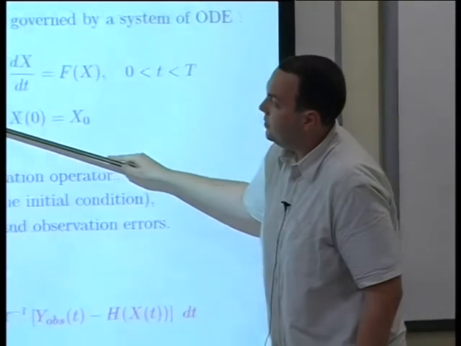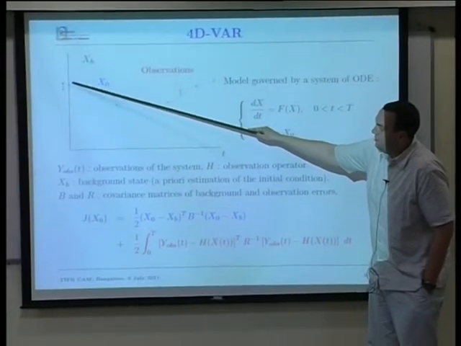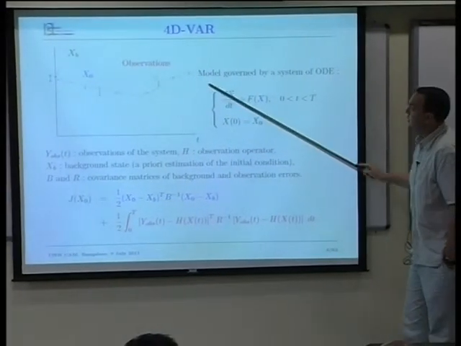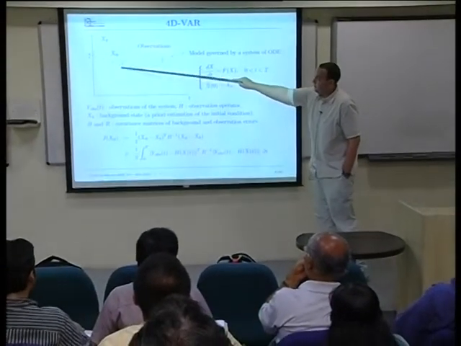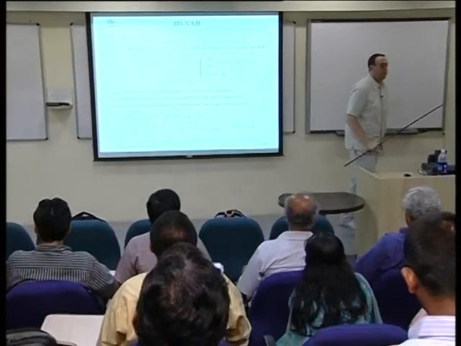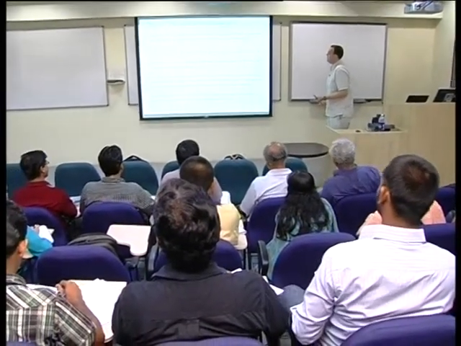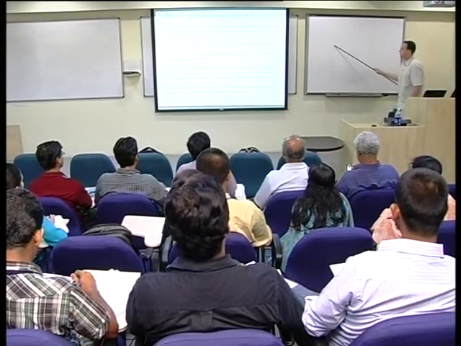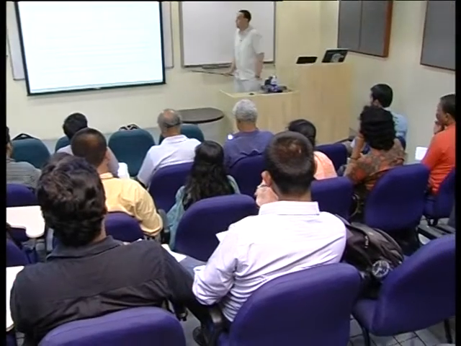You have the background here, you have some observations, and for a given initial condition x naught, first you compare x naught with xb here, and then you plot the solution of the model from x naught, and you compute all this quadratic distance from the observations to the model state.